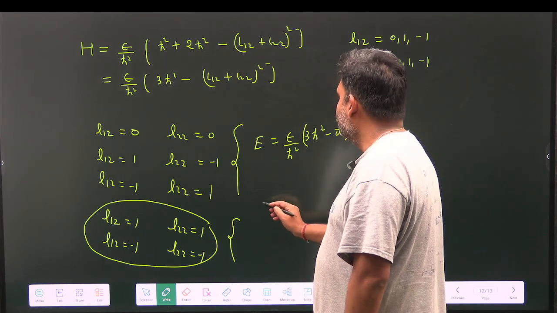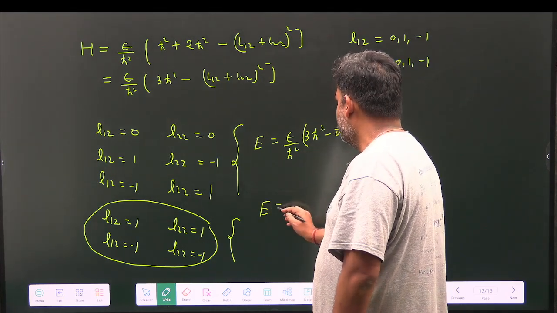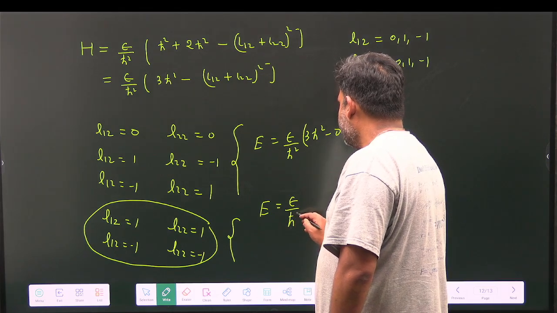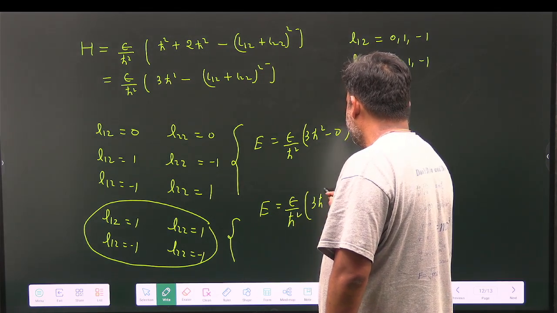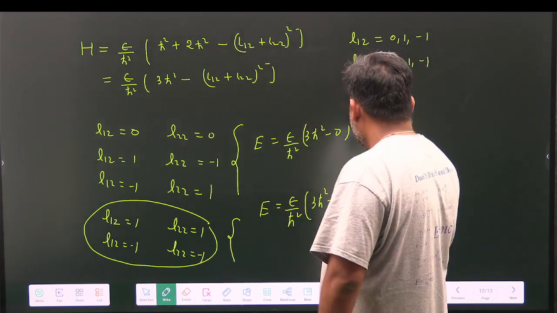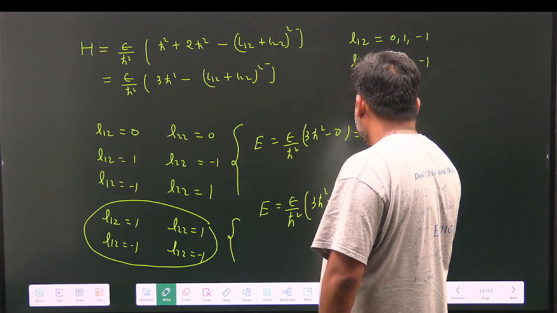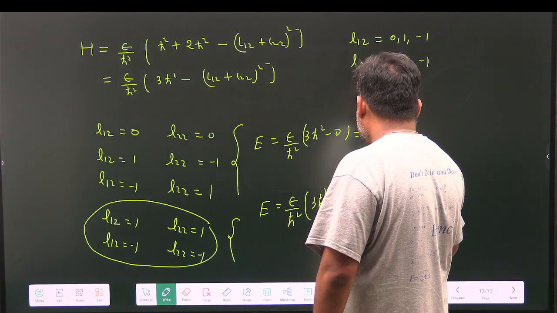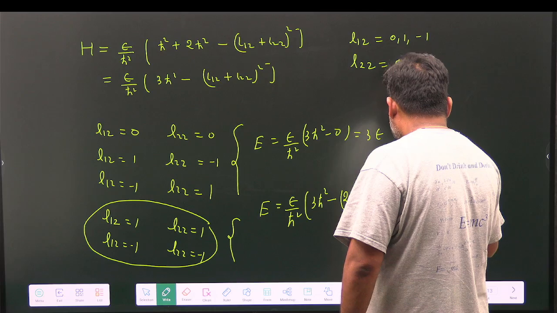So E is equal to epsilon upon h cut square times 3h cut square minus 2h cut whole square. So this value is nothing but minus epsilon.